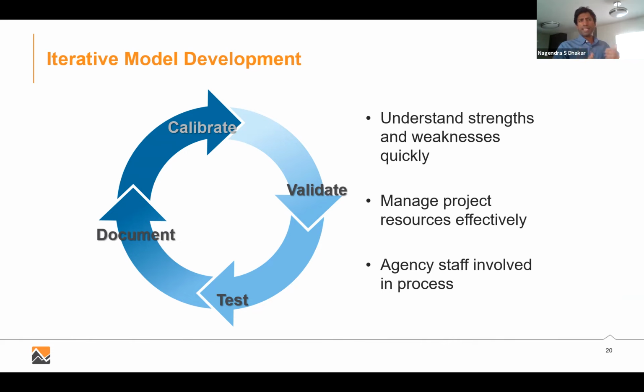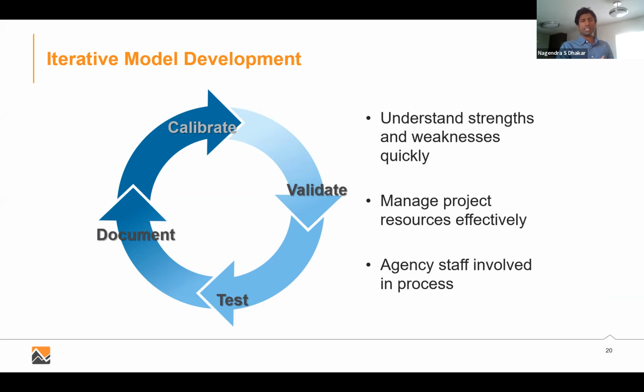There are many benefits of going through this iterative process of calibration, validation, testing, and starting again. While you're going through the initial iteration, you will know if there are any weaknesses in the model, any bugs that were introduced, or any major issues, and you can quickly fix them in the initial rounds.